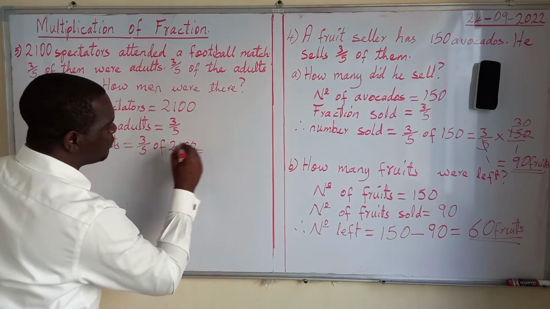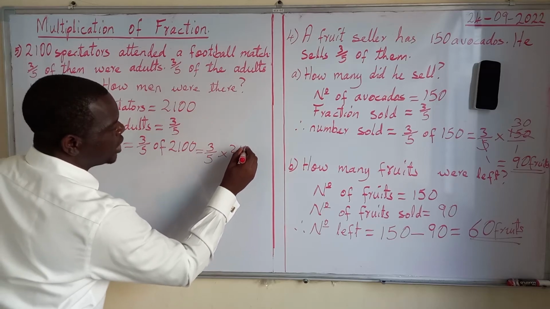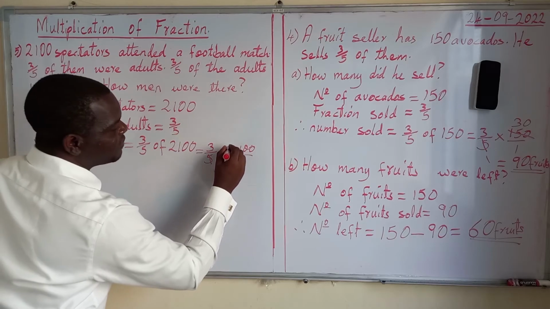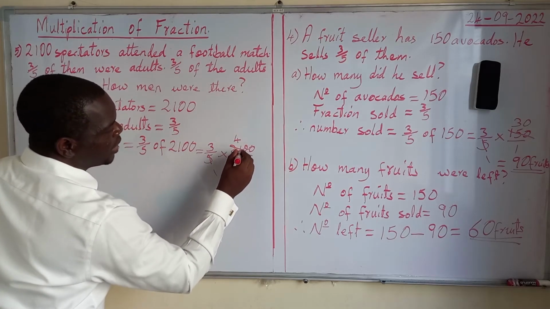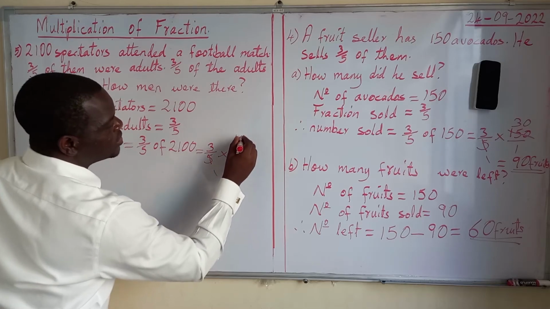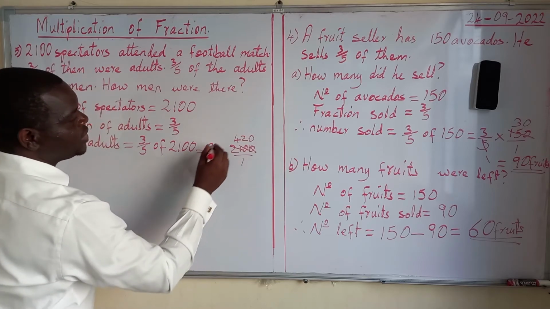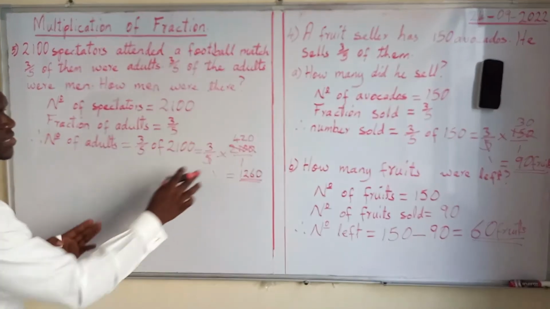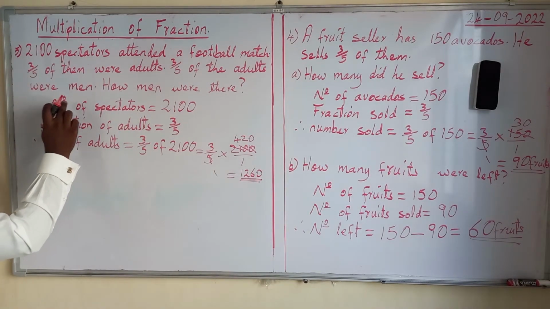And 3/5 of 2,100 is 3/5 times 2,100/1. 5 into 1, 1 time, and 5 into 20 or into 21, 4 times. Remember 1. 5 into 10 is 2 times, and 5 into 0, 0. 3 times 420 is equal to, the answer at this level is 1,260.